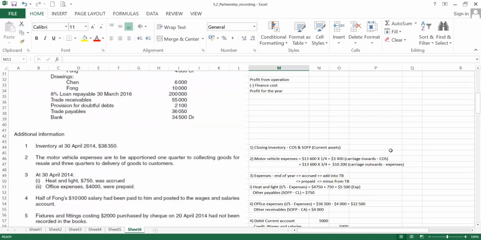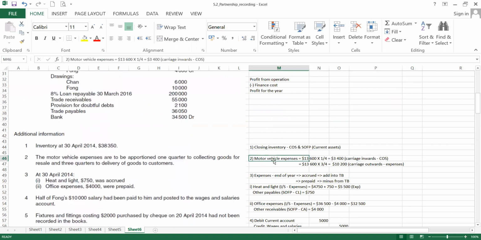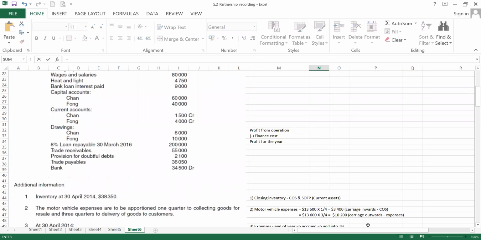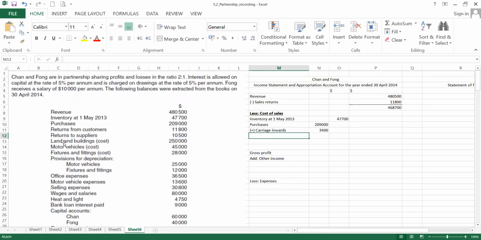So this is the purchases, and just now we calculated there is the carriage inward here. This carriage inward we had to put into it. Carriage inward have to plus. Okay, the amount is 3,004. Okay, and in here you saw there is a return to supplier.